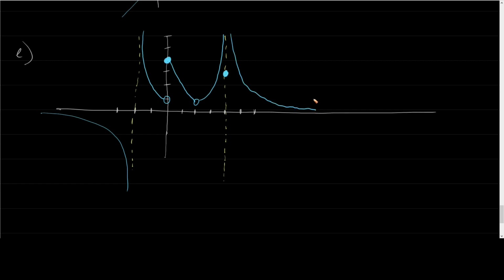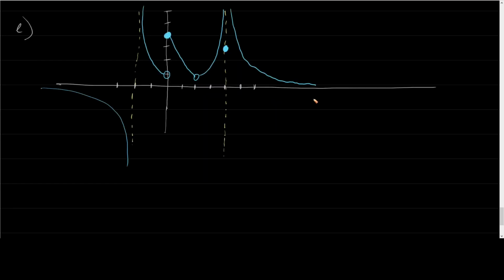All right. So that's what our function looks like. And this is a function. It passes the vertical line test, so it is definitely a function. Now, again, each little tick mark is a value of 1, so on and so forth.